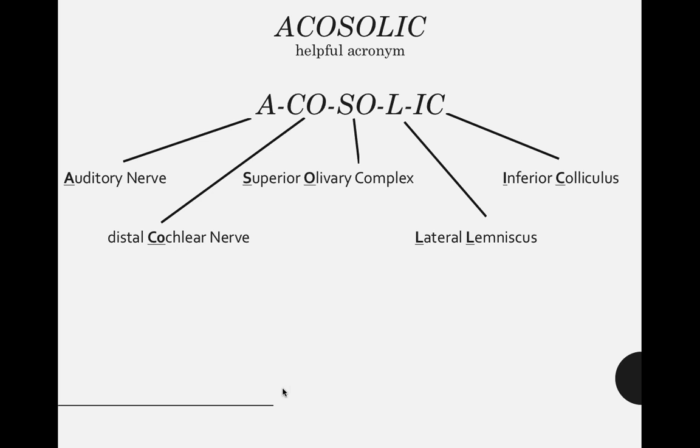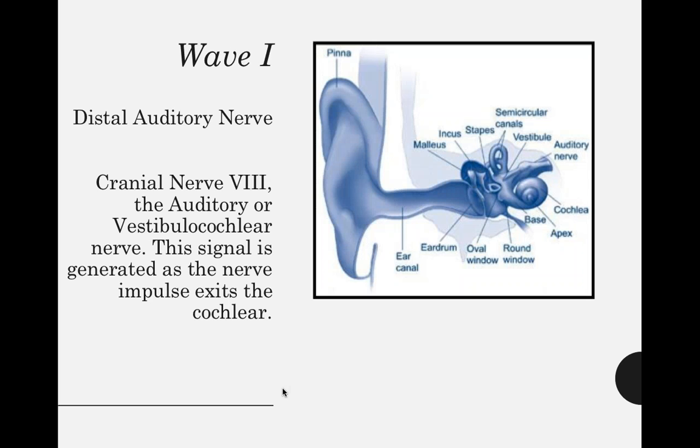And then finally the IC, the inferior colliculus. So when you're committing this to memory, remember ACOSOLIC. And that's going to be a helpful acronym to remembering the names for the anatomy, the sources of the generation of waves 1 through 5.